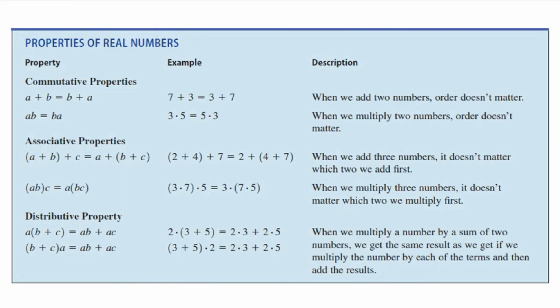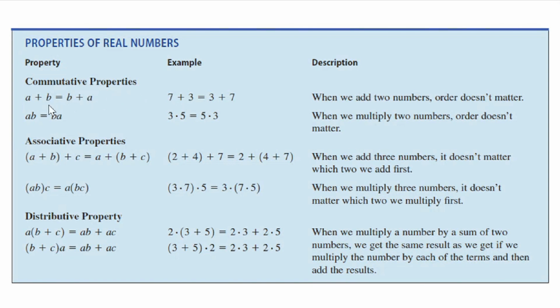Next, we're going to study the properties of real numbers. The first one here is the commutative properties. A plus B equals B plus A is an example of the commutative property of addition.